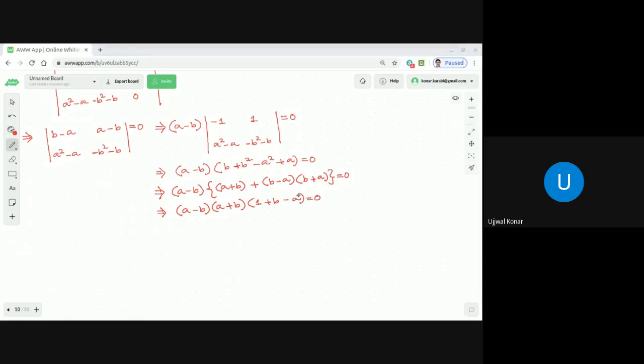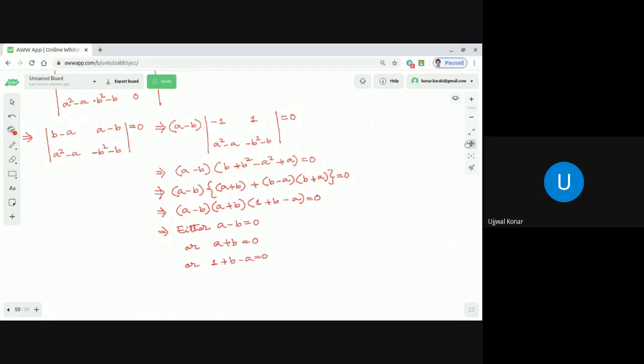Correct? So that implies either a minus b is equal to 0, or a plus b is equal to 0, or 1 plus b minus a is equal to 0.